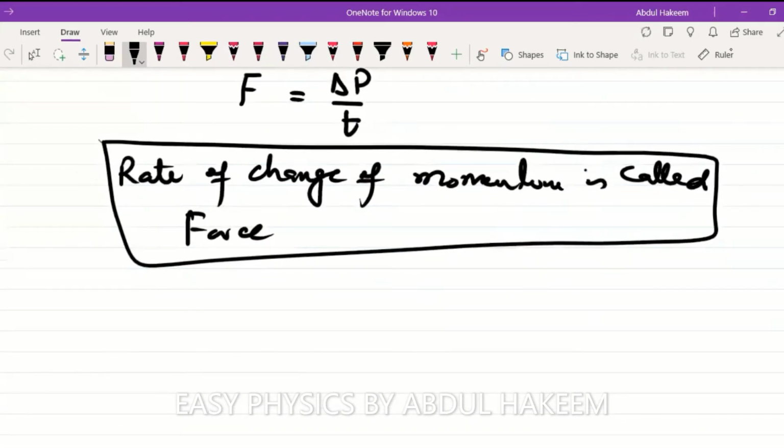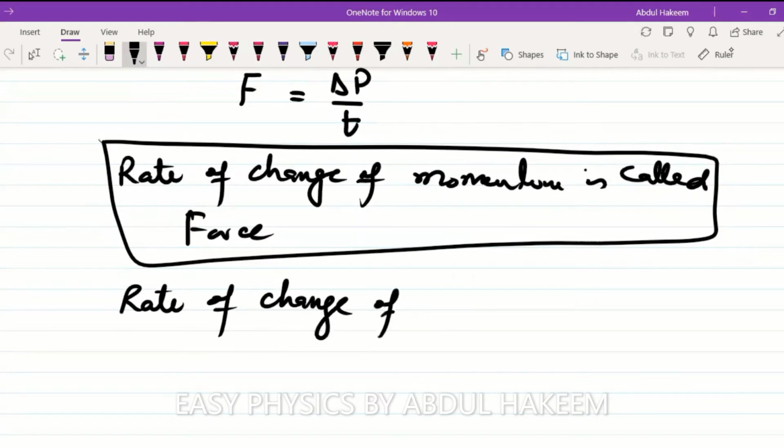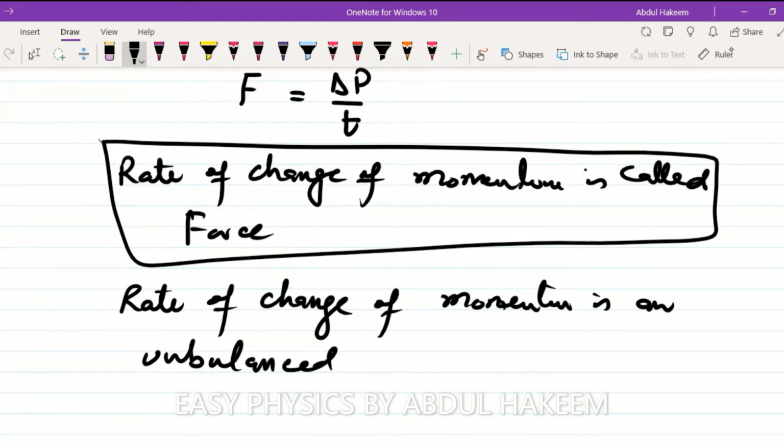But when the statement is that the rate of change of momentum is an unbalanced force, a resultant force, then this is called the definition of Newton's second law.